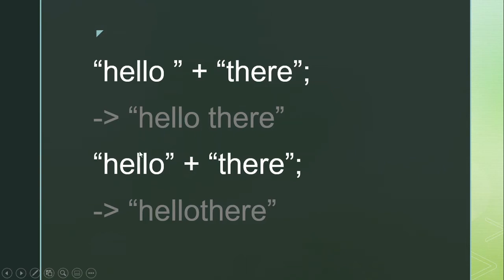However, if we just write hello plus there without the space after the hello, it will just produce a long hellothere word, just a single word, because it does not add spaces on its own.